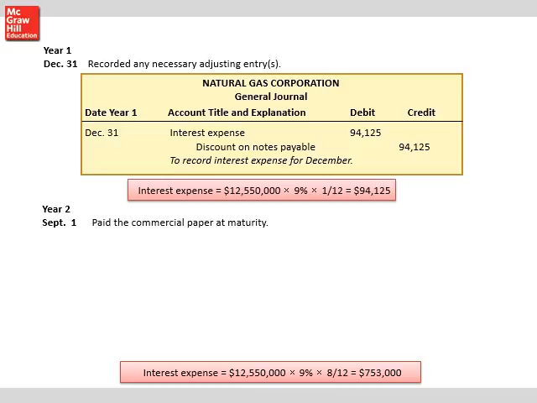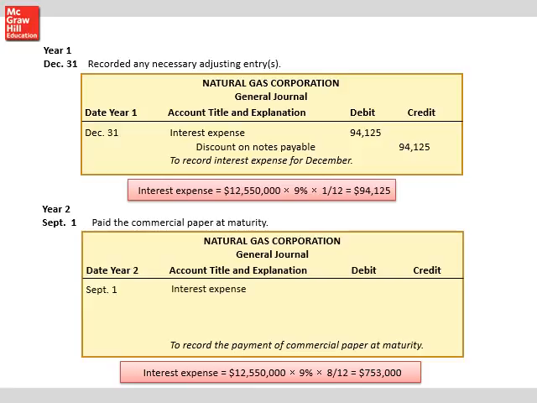So 12,550,000 times 9% times 8/12 is $753,000. So the first thing we're going to do is debit interest expense for $753,000. And then we're going to have our discounts on notes payable is going to be for that same $753,000.